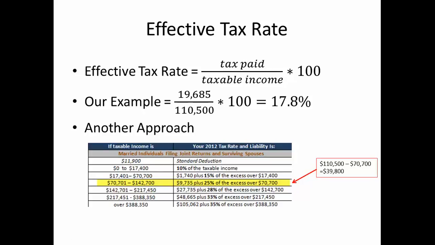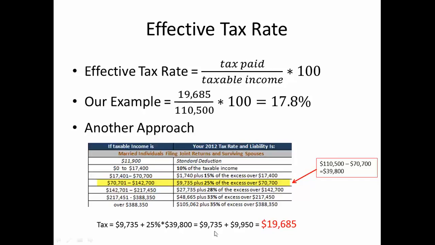Another way to do it is to figure out how much beyond the second marginal rate you are. From 70,700 to 110,500, that $39,800, figure out what 25% of that is and add it to the 9,735 that you already accumulated, because you were in the third margin, so you had a fixed amount for the first margin and a fixed amount for the second. So you take $9,735 plus 25% of the excess, which was $39,800.